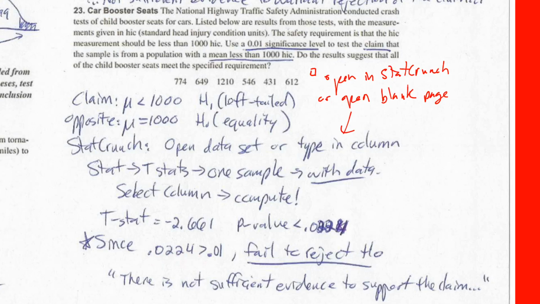It would have passed if we would have used 0.05, but it didn't. So we failed to reject H0. Okay. We failed to reject H0, and so there's not sufficient evidence to support this claim right here.